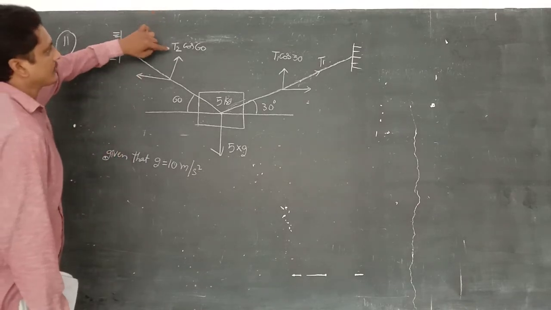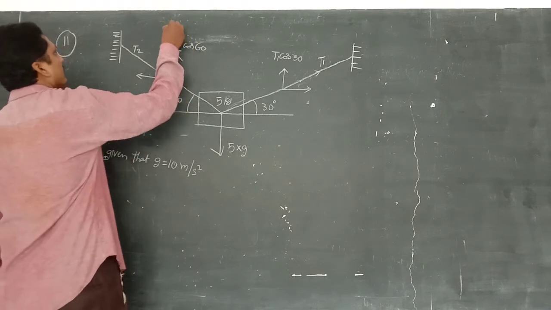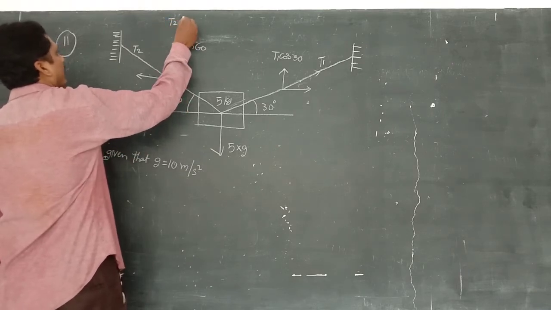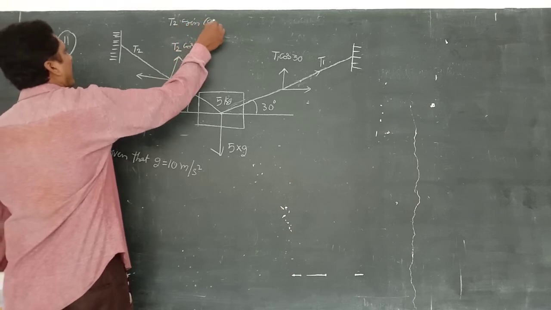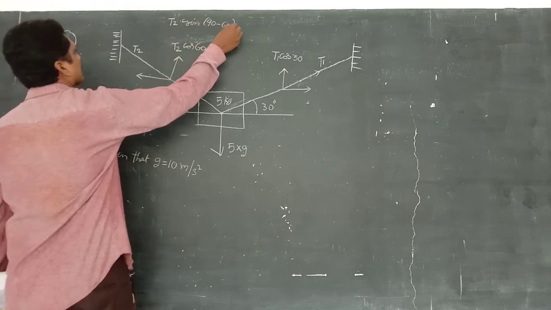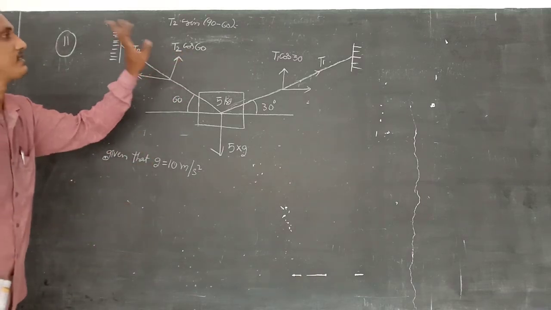Actually, this is obtained from the vertical component T2 sin(90 minus 60), which equals T2 cos 60.